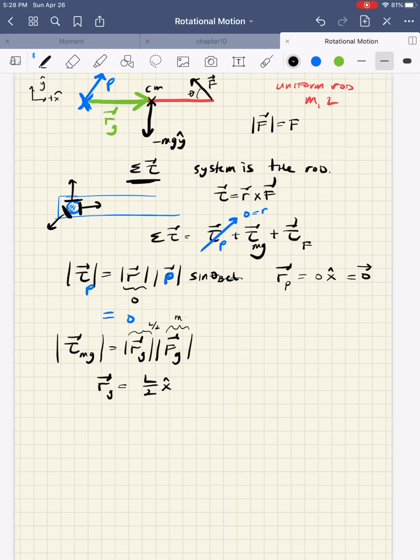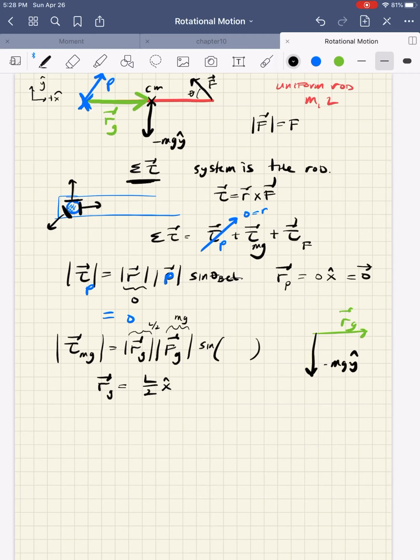That's just m times g. And let's look at the sine of the angle between them. What's the angle between them? Well, here's r sub g, here's minus mg y hat. The idea is that we line them up tail to tail, r sub g and minus mg y hat.